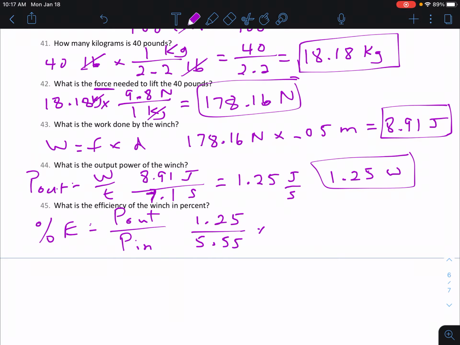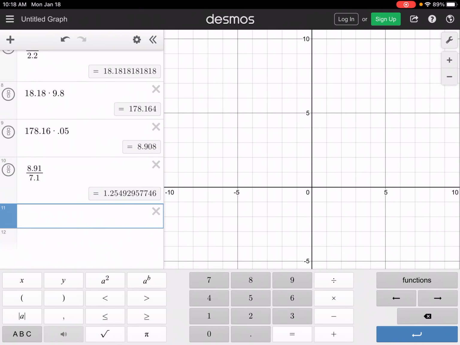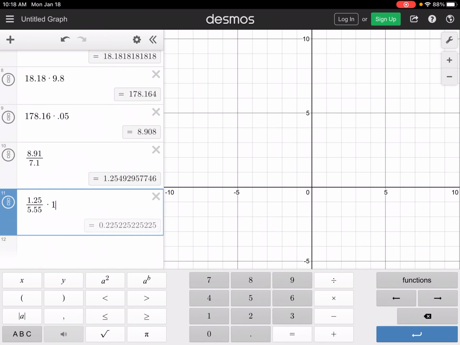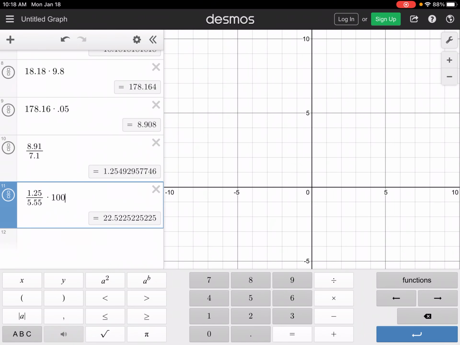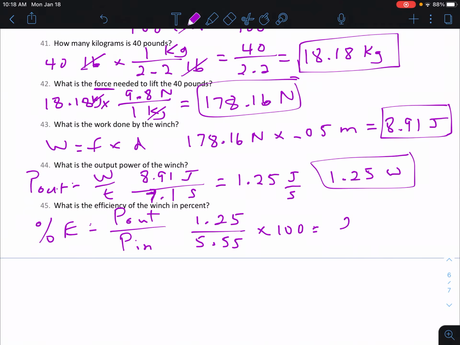Our answer is going to be multiplied by 100 to turn it into a percent. 1.25 divided by 5.55, and we multiply that by 100. 22.52%. There you go. If you have questions on any one of these, shoot me an email. Let's get this right. This is very similar to what the test will be like next week. Good luck.